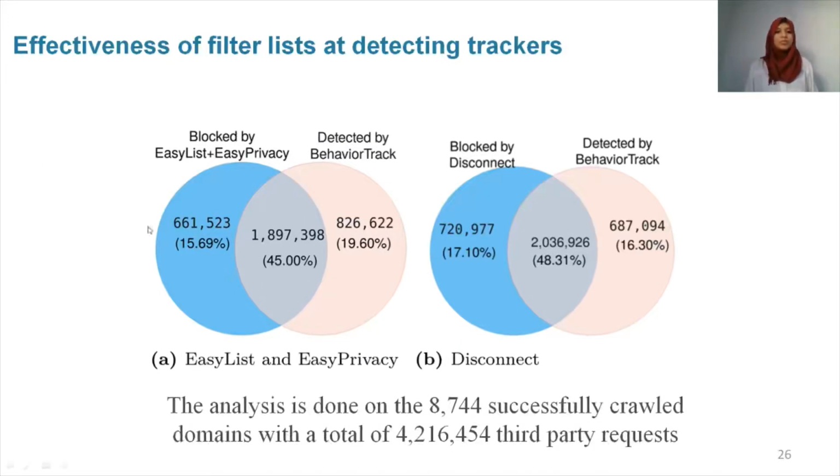We mark in a blue circle the requests that were detected as tracking requests by EasyList and EasyPrivacy, and in a pink circle the requests that were detected as tracking requests by our methodology, Behavior Track. So as you can see, over 19% of the tracking requests detected by our methodology were missed by EasyList and EasyPrivacy, while over 16% of the tracking requests detected by Behavior Track were missed by Disconnect.